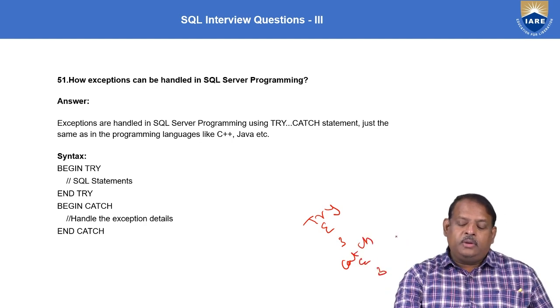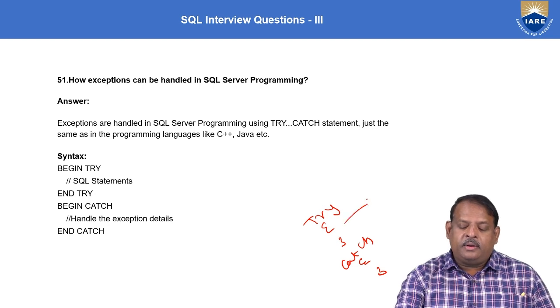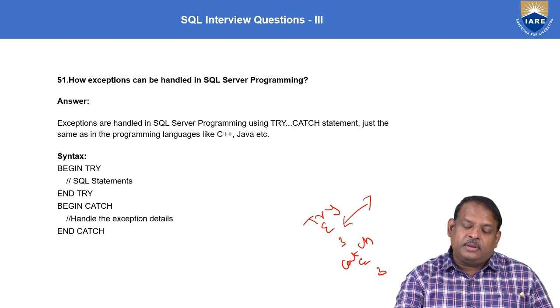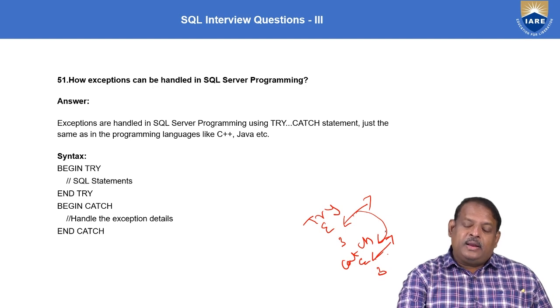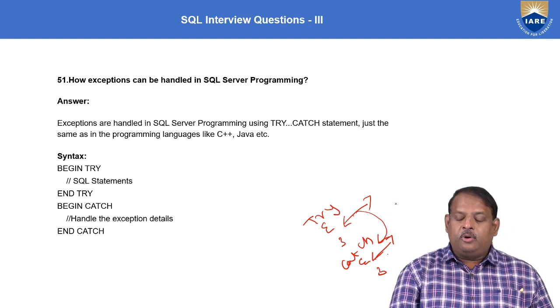Whatever logic you write in the try block, how you want to handle the exceptions is written in the catch block. Whenever you get an error in the try, it goes to the catch. It checks if there is any error handling for this particular error. If there is none, it crashes. If there is some error handling, it does the error handling and shows a different output.